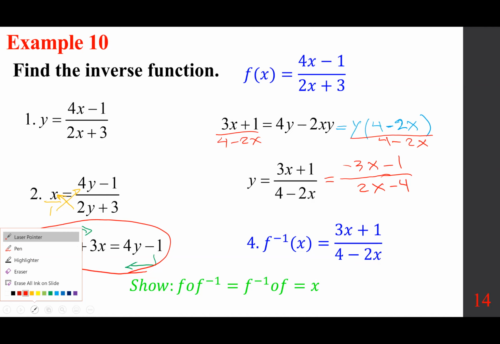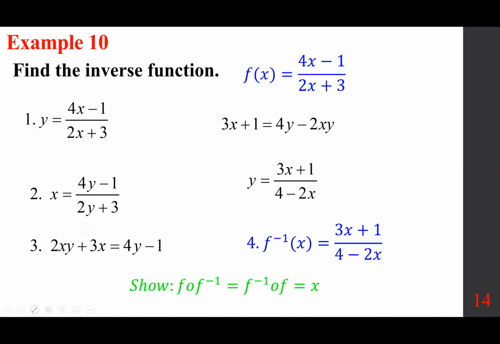Let me see if I can. Okay, let me clean up this mess. Let's go with the blue color. So I'm going to write f o f inverse equals 4 minus 1, 2 minus 1.